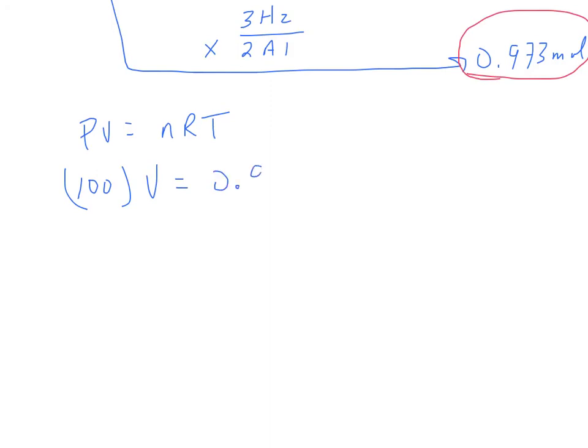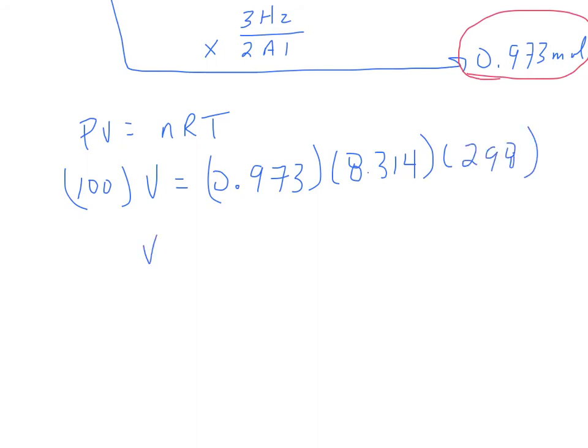If I've got 0.973 moles, and R equals 8.314, and my temperature is 298 Kelvin. And if I rearrange for V and take sig digs into account, I get 94.1 liters as my final answer.